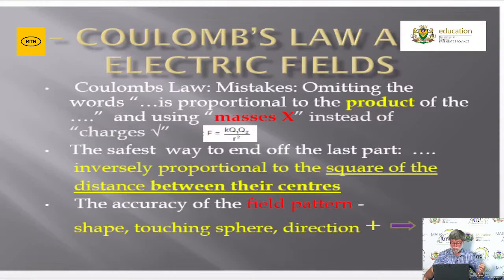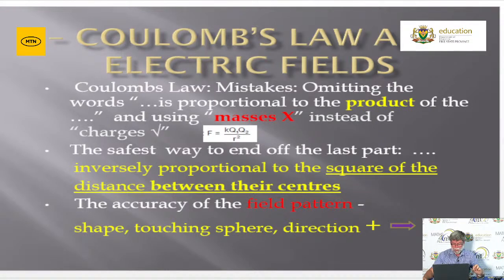And then secondly, the safest way to end off the last part is to state that the electrostatic force is inversely proportional to the square of the distance between their centers. If you use this term, square of the distance between their centers, then you are safe. Either if it's a sphere or a particle, it is both accepted that you can use the term the square of the distance between their centers.